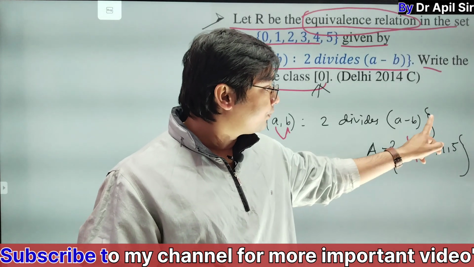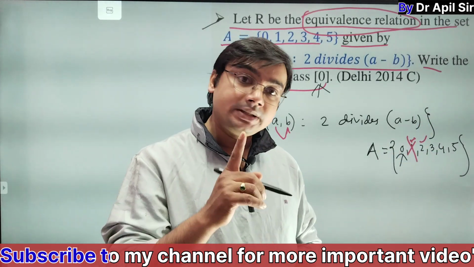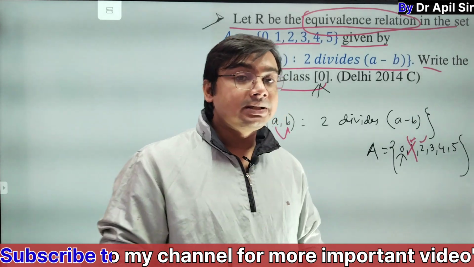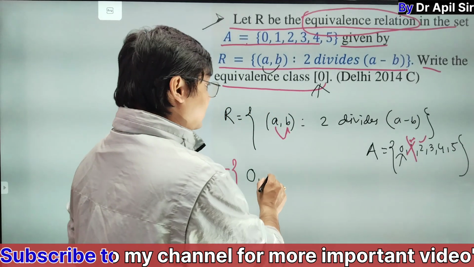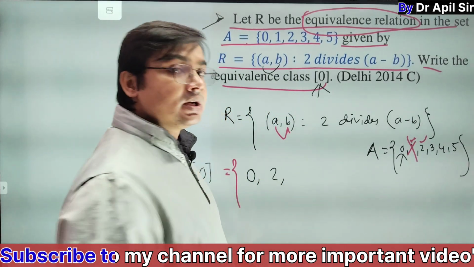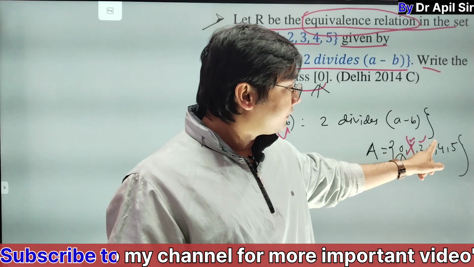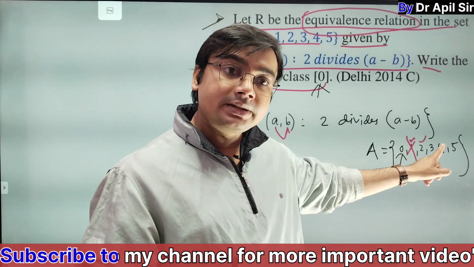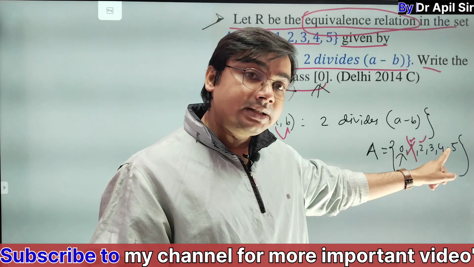Now for 2, 0 minus 2 means minus 2, which is divisible by 2, so 2 will also be there. Now in case of 3, 0 minus 3 is minus 3. Is this minus 3 divisible by 2?